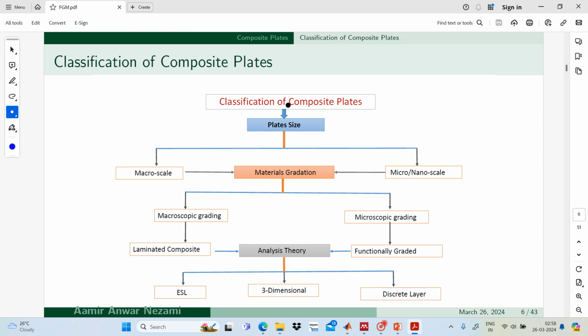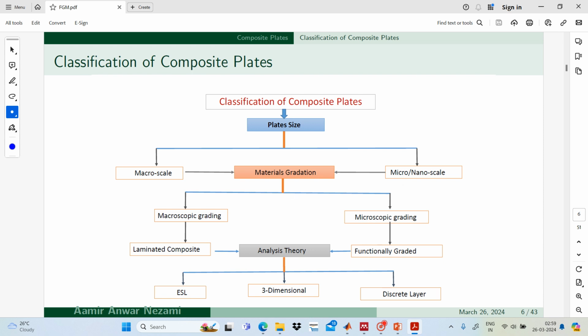Now, further we see that classification of the composite plates is done on the basis of the plate size. So it may be the macroscopic or macro scale, and it may be the micro nano scale. We have seen that in the macro scale, the application was in the domain of aerostructures, and in the micro nano scale, we have also seen that in the electronics domain, micro electromechanical sensors and chips, it is used.